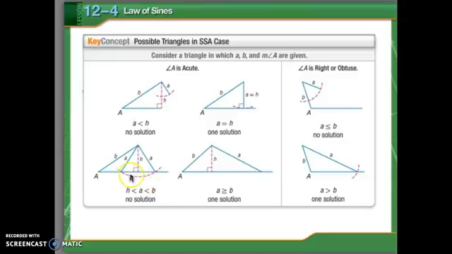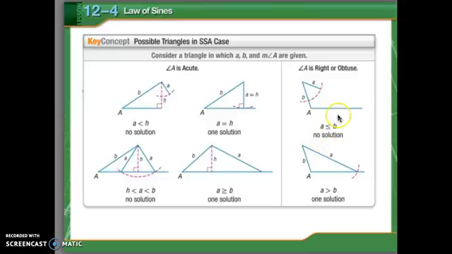If A is more than H but less than side B, you're not really sure what could happen because it could be in here, you could have this triangle, or it could be out here and have this triangle, so you don't really know what to do. And if A is greater than or equal to B, then it's always going to be drawn out this way, and there's only one possible triangle that can be made.